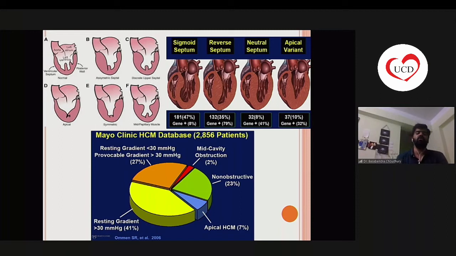Now, if you look at the Mayo Clinic database, up to 41% of patients can have a resting gradient of more than 30, another 27% can have a provocable gradient of more than 30, and non-obstructive HCM constitutes 23%. Apical HCM and mid cavitary obstruction constitute the rest.